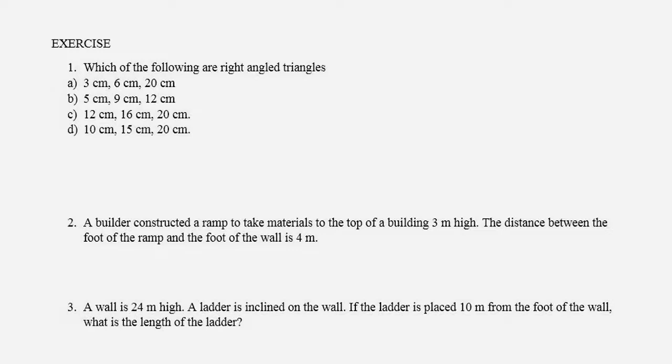Question 2: a builder constructed a ramp to take materials to the top of a building which is 3 meters high. The distance between the foot of the ramp and the foot of the wall is 4 meters. What is the height of the ladder?